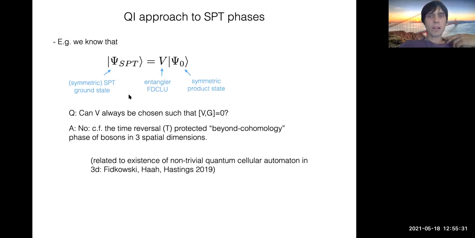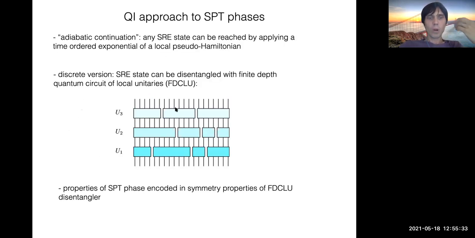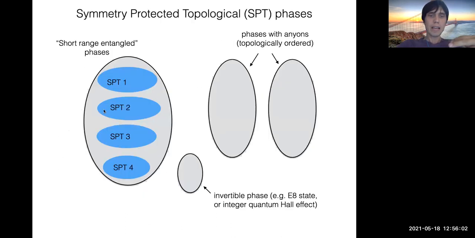So for example, just to give you some intuition, what we know is that we start with a fully symmetric state, a trivial tensor product state. We make another fully symmetric state, the ground state of our desired SPT Hamiltonian. And we know that if this SPT is non-trivial, it means that it's not possible to choose all these unitary gates to commute with the symmetry. Let's say SPT1 is our boring SPT.